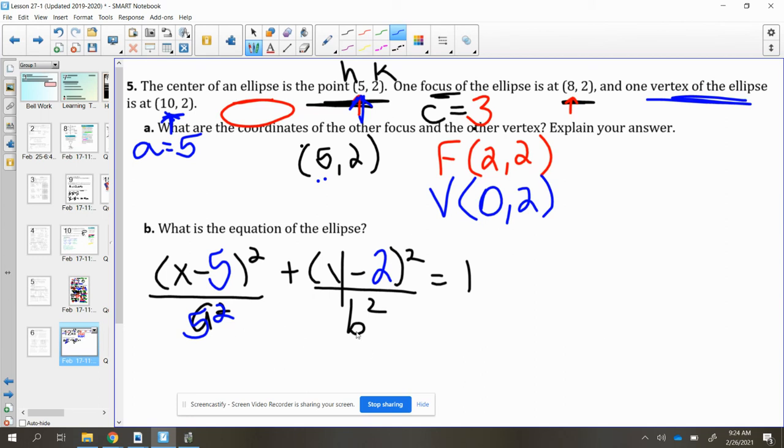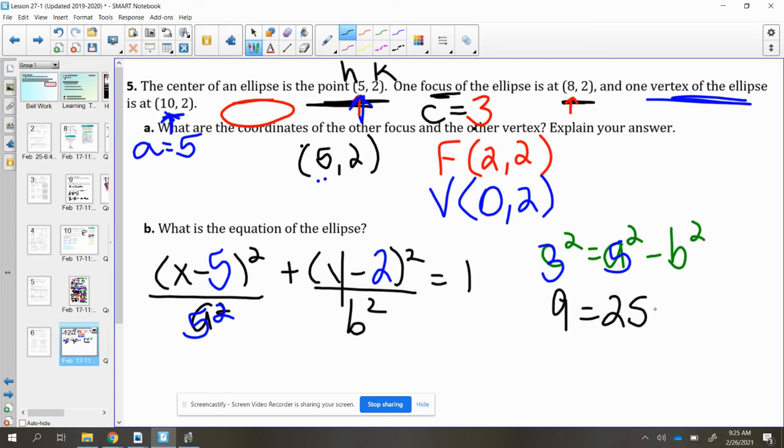Now, we started filling in the equation here, but the last piece is figuring out what our missing b parameter is. Reminder, c squared equals a squared minus b squared here. We know that our c parameter was 3 and our a parameter was 5. So if we start solving, 9 equals 25 minus b squared.